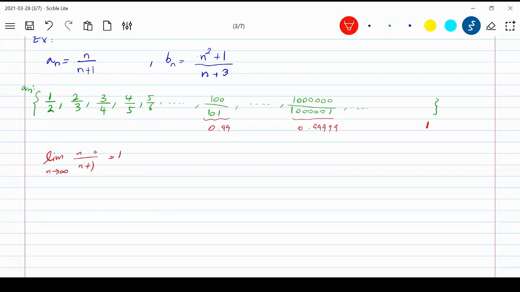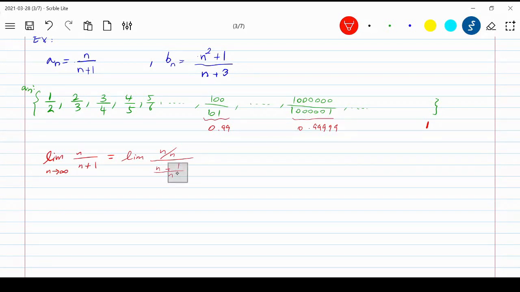We can say this by actually calculating the limit. If you remember the infinity limits from Calc 1, this is simply the limit where you divide the numerator and the denominator by the largest term, 1 over n.